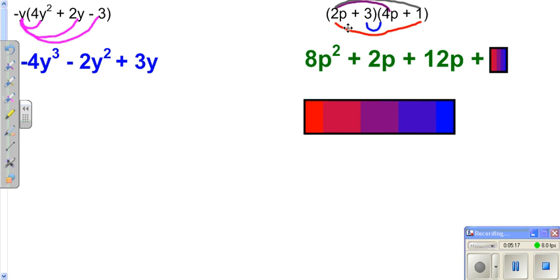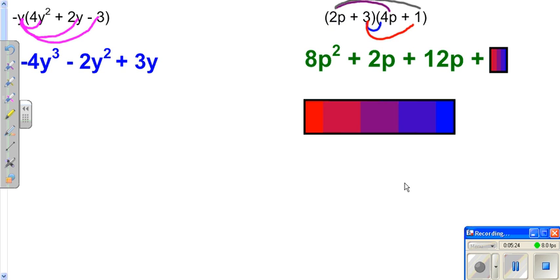Your last terms, our last terms are 3 times our 1. And then we combine our like terms together. The only like terms we have are the center two, because they're both p to the first powers. Cannot combine it with this because that has a p to the second on it.